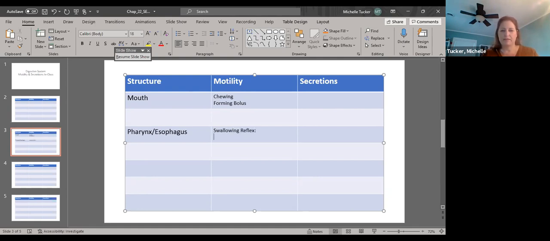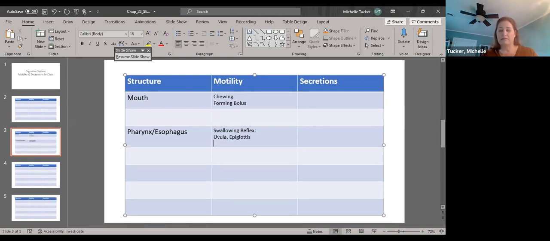And for that, you need to know the structures. The uvula is going to close off the nasal passages. The epiglottis closes off the tracheal passage. And then we've got the two sphincters.